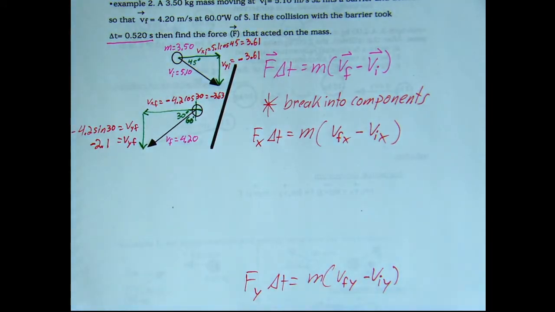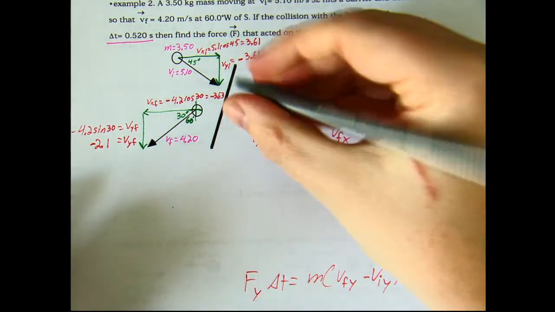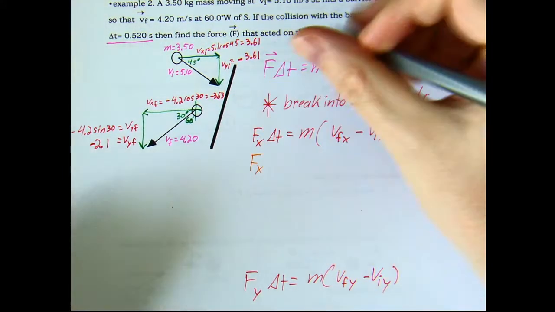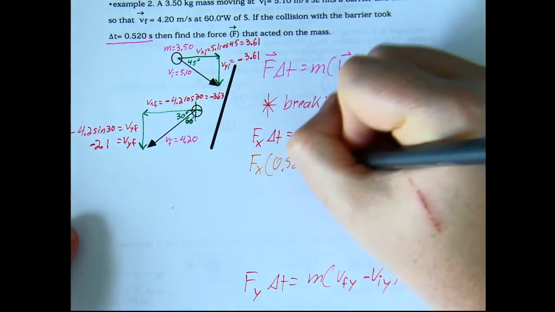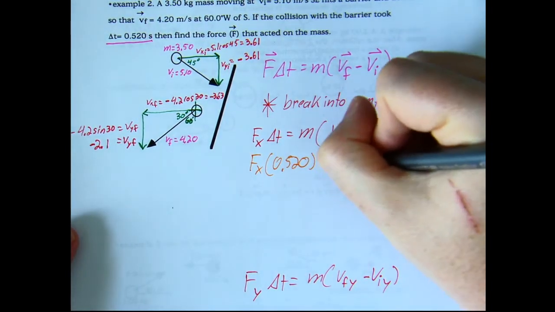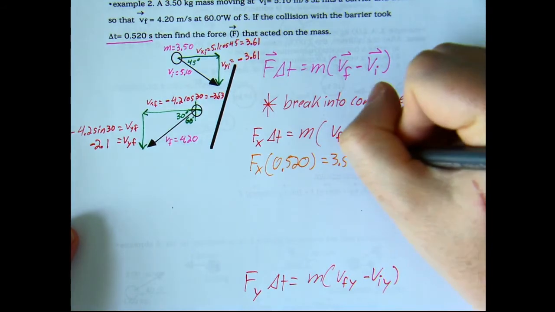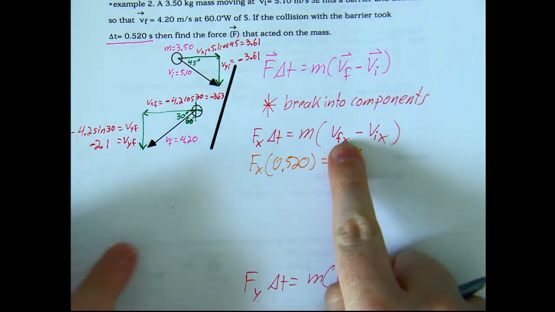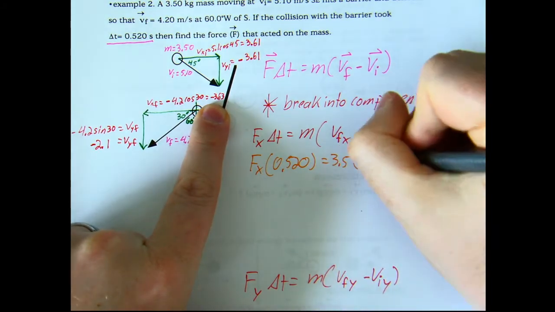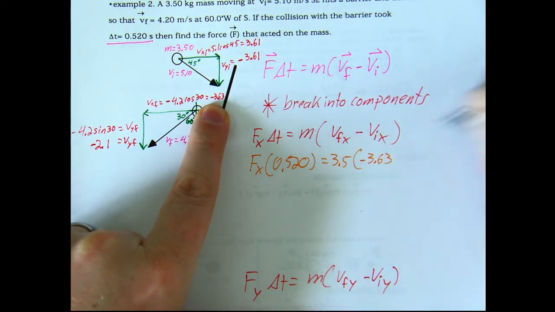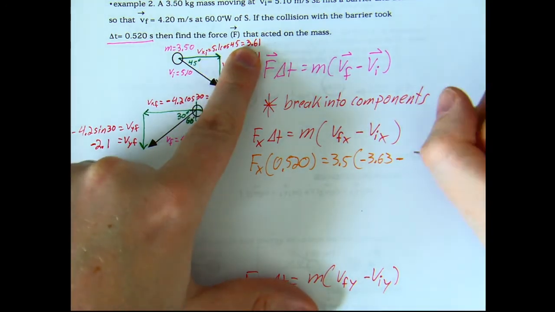So now let's do this. We're looking for our components of force. So we've got Fx, we know the time it took, 0.52 seconds, equals our mass, which we've got, 3.5, times our V final x, which is negative 3.63, minus our V initial x, which is 3.61.